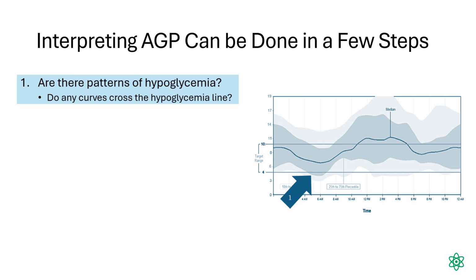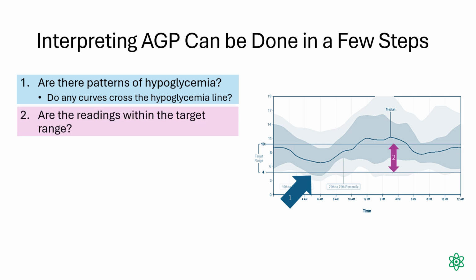So if this is at, I think that says 6 o'clock in the morning, we'd address what insulin we gave them the night before, because maybe they have too much insulin on board there. Then we'd say, okay, what's going on here? What are you eating? What's your activity? Are you taking your medication? In this wide variation here, and try to get things to be a little bit more consistent with them.